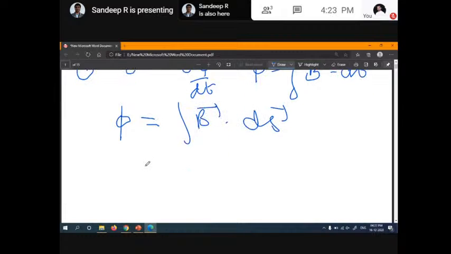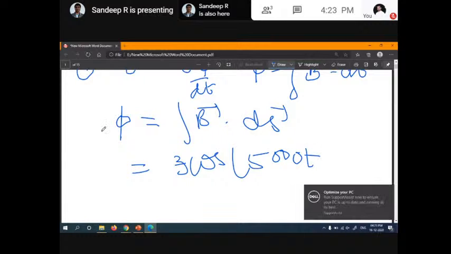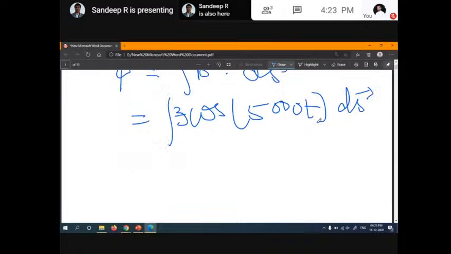The expression for B has the z component minus 3 cos of 5000t, into ds, where ds can be written as magnitude ds vector.